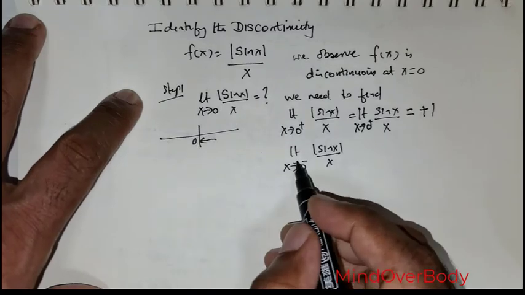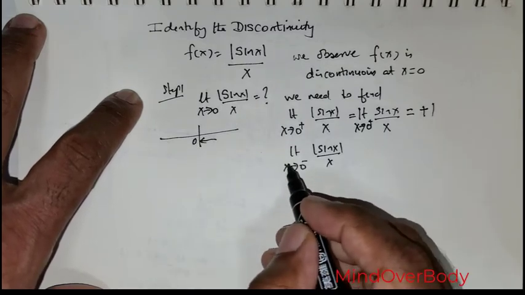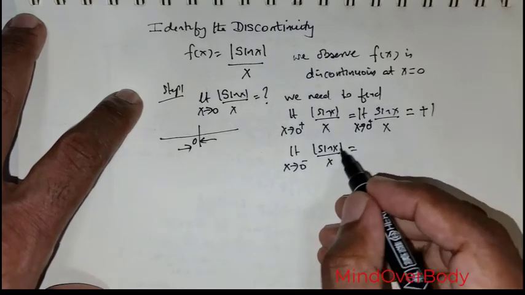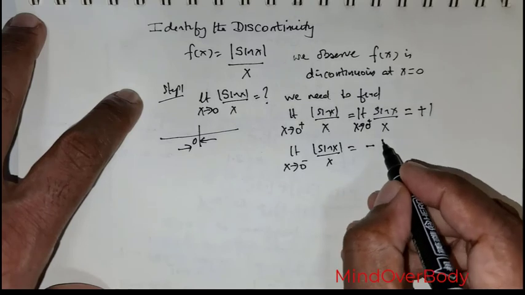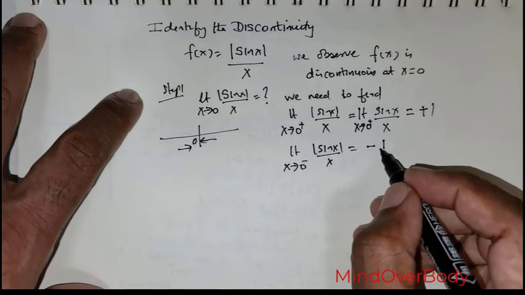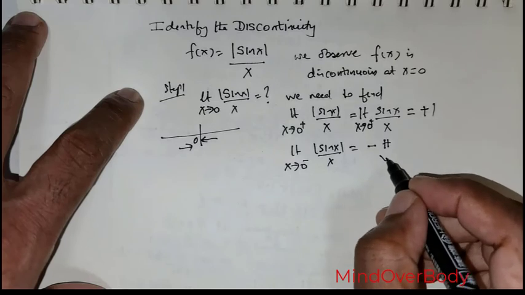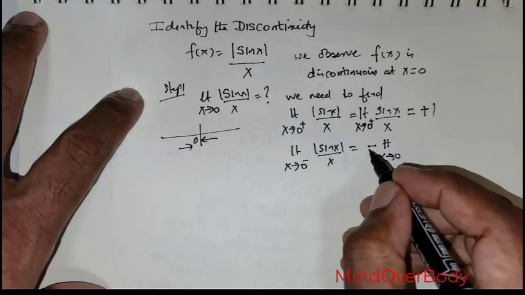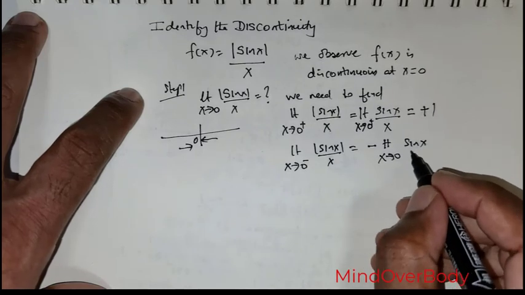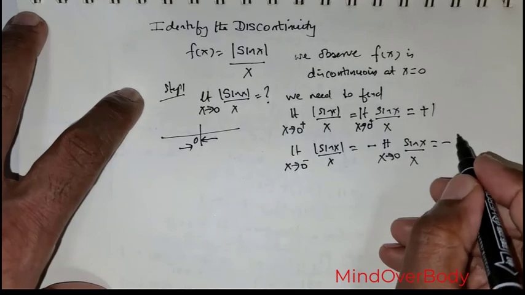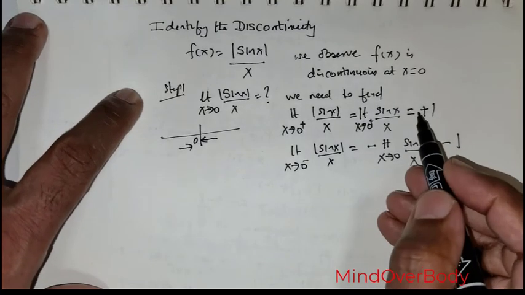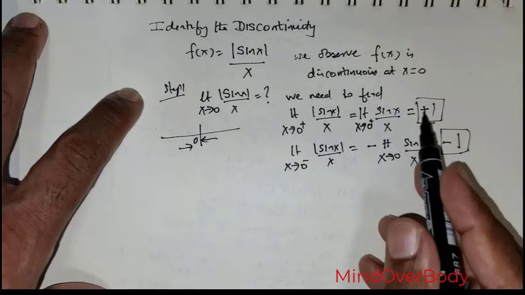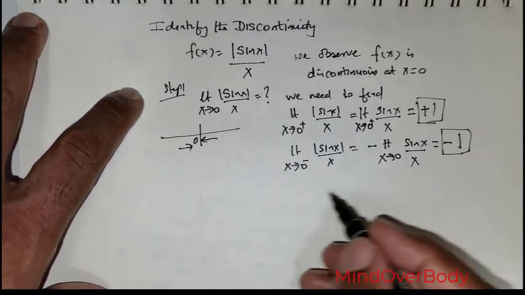Now for the second part, x is approaching 0 from the left side, so clearly this one would lead me to negative 1, because this is going to be equal to limit x tending to 0 of, there is going to be a negative sign, so I'm taking the negative sign out. So it's going to be sin x over x, and that's going to give me negative 1. So clearly you can see that the limits that we have got don't agree.